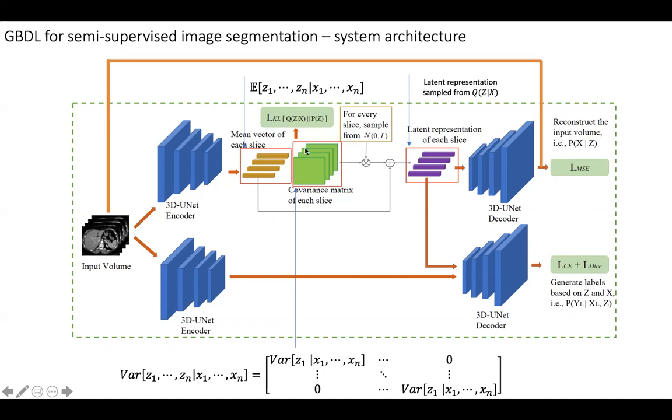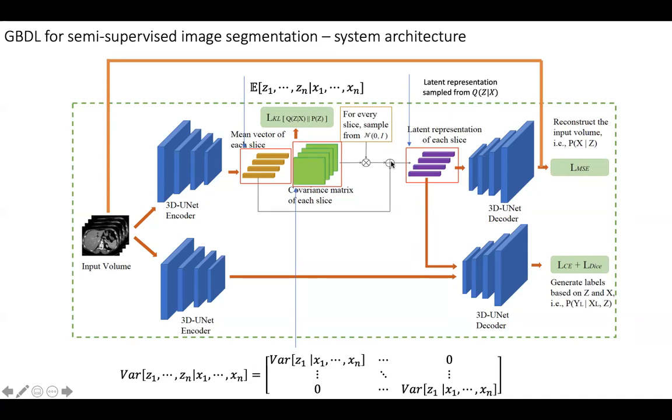We also have a sequence of covariance matrices, and each covariance matrix corresponds to one particular slice. Then, as we usually do in a variational autoencoder, we do the reparameterization and use this to approximate the posterior distribution of the latent variable.